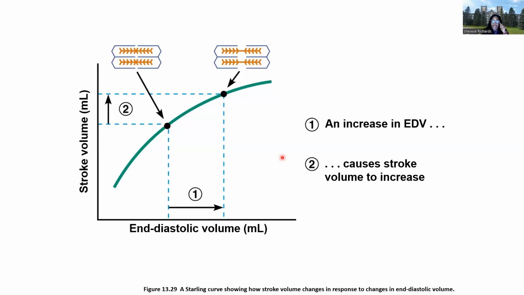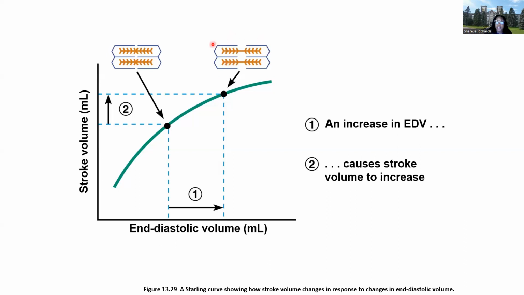So just to illustrate that here, here is the amount of blood that was filled at rest, and then the amount of blood that was ejected at rest, right? Our end diastolic volume here, and then our stroke volume here at rest. Notice that the sarcomere is more contracted in this state, all right? If we had more end diastolic volume, we would stretch the sarcomere more.